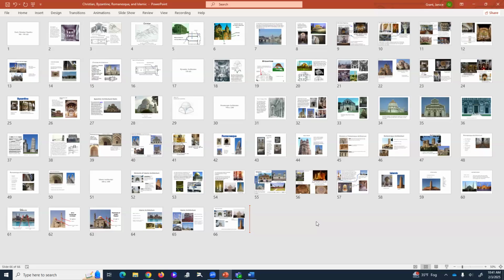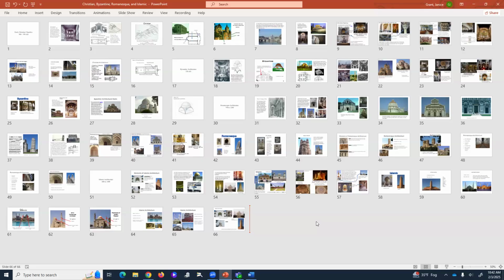Number 4, we talked about those wings of the church. You guys remember? Those are going to be the transepts. The top part of the wall with the windows is the clerestory. You guys online, hopefully you're following along. Number 6 is something else.